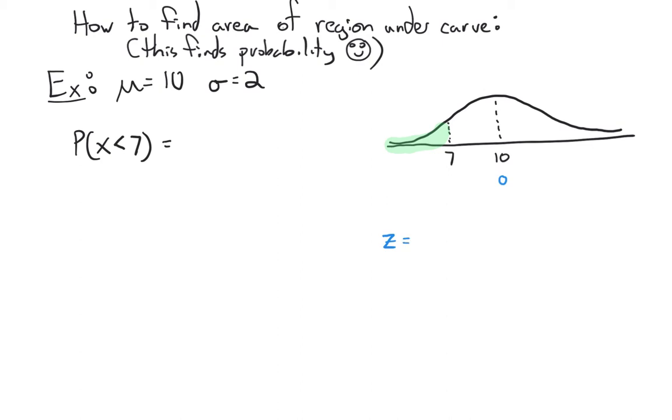That's going to be 7 minus 10 over 2, which is indeed negative 1.5. So we're asking, in terms of the language of standard deviations from the mean, if we choose a random element from this distribution, what's the probability that it is less than 1.5 standard deviations from the mean? So farther away from that, more extreme.